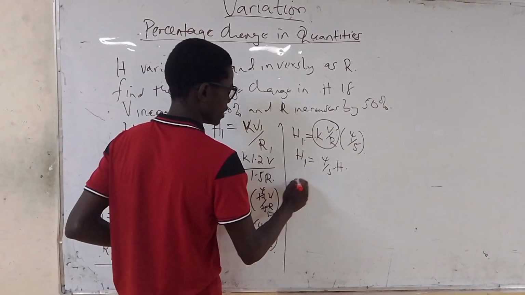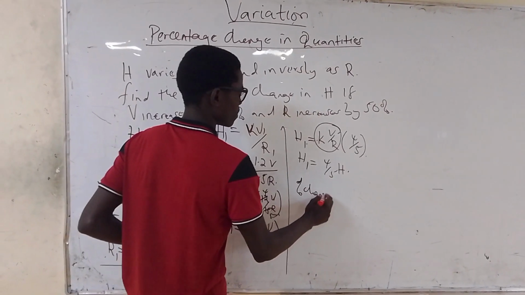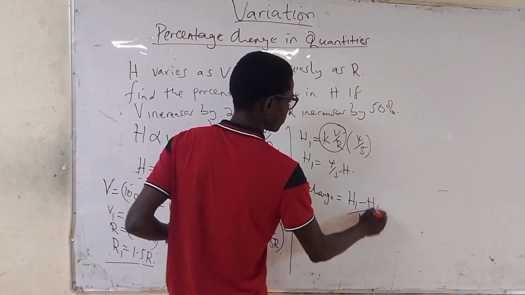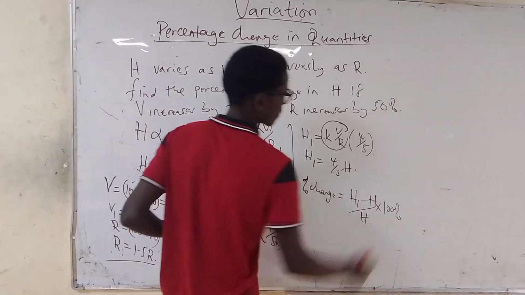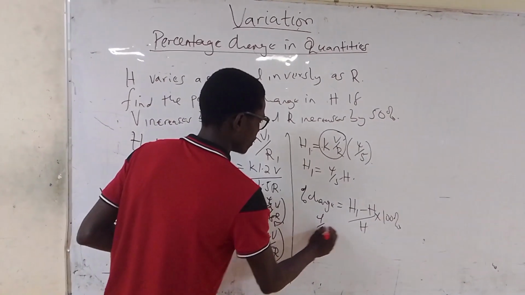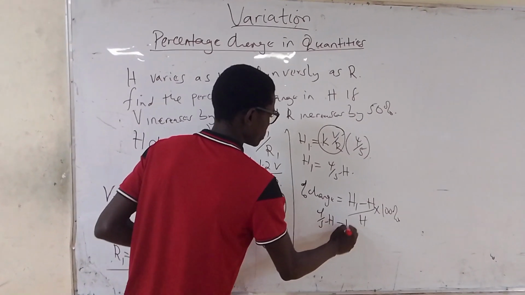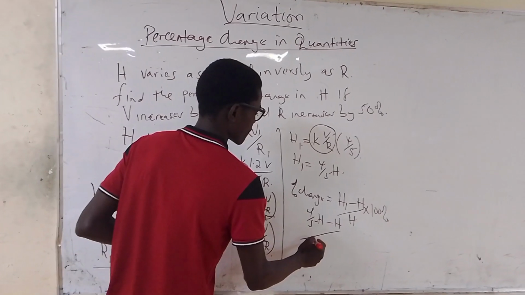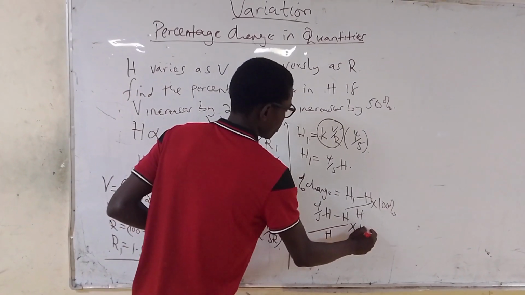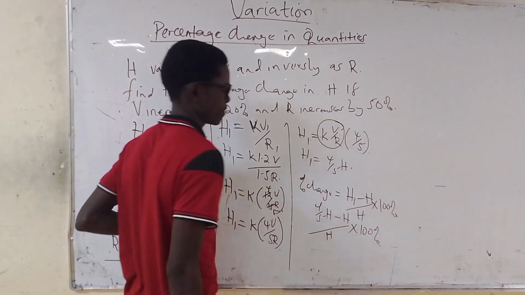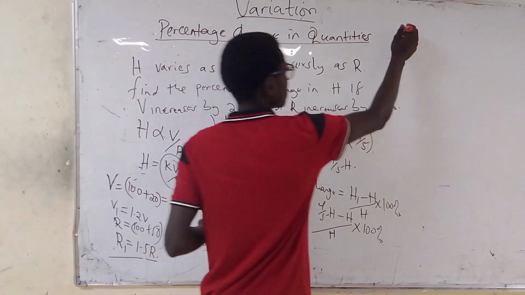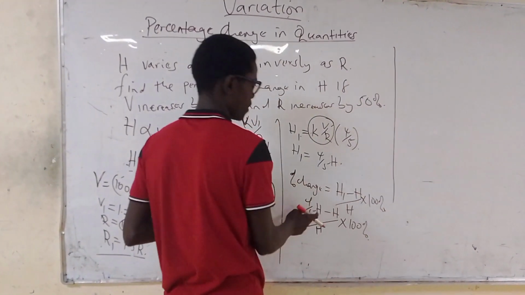So to get the percentage change, it equals H1 minus H over H multiplied by 100%. That is H1, that is 4 over 5 H minus H over H multiplied by 100%. That is 4 over 5 H minus H. So there we get 4 over 5 minus 1.